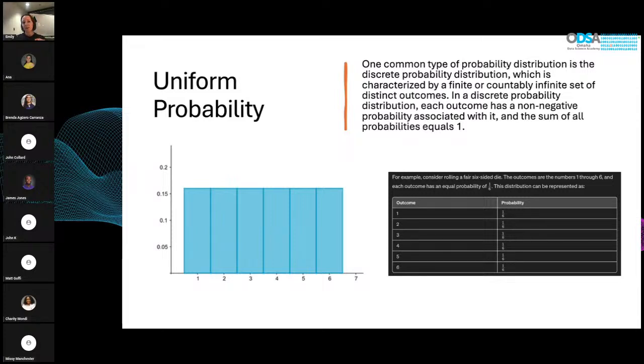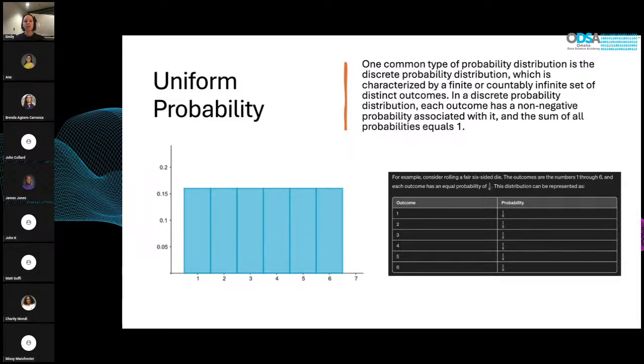The probability of getting a 1 is equal to the probability of getting a 2, which is equal to the probability of getting a 3, equal to the probability of getting a 4, a 5, and a 6. There is a 1/6 probability for each of those events occurring.